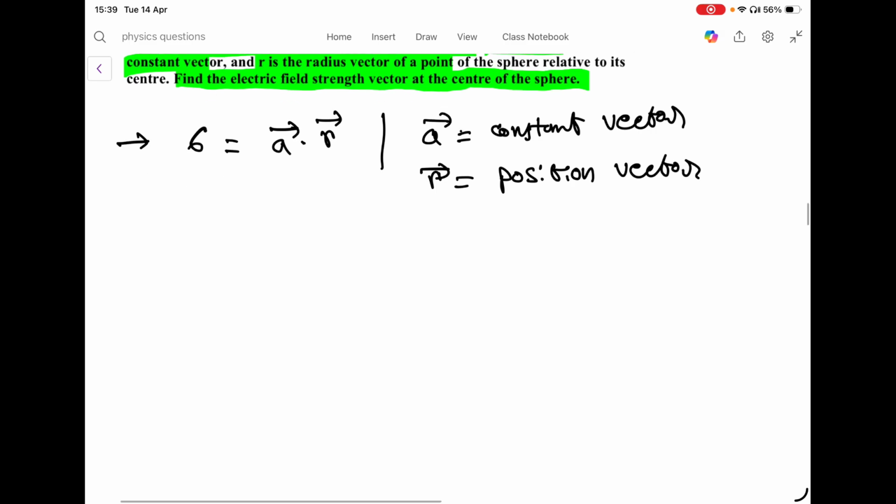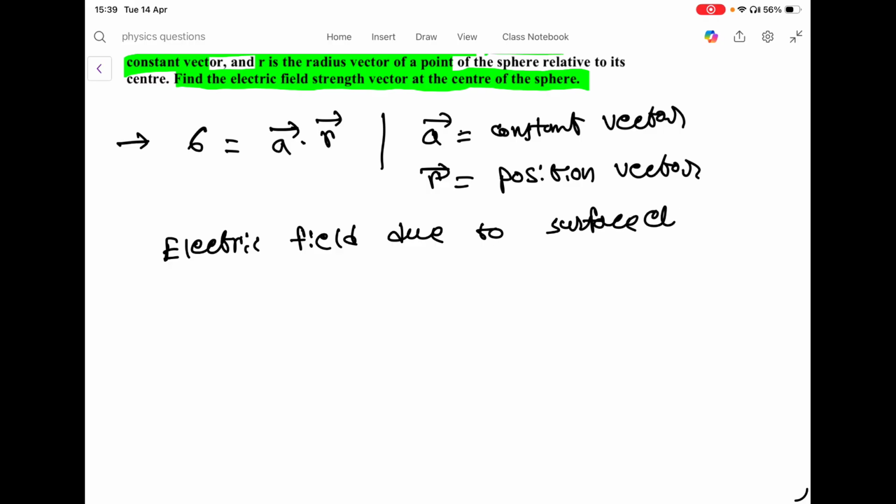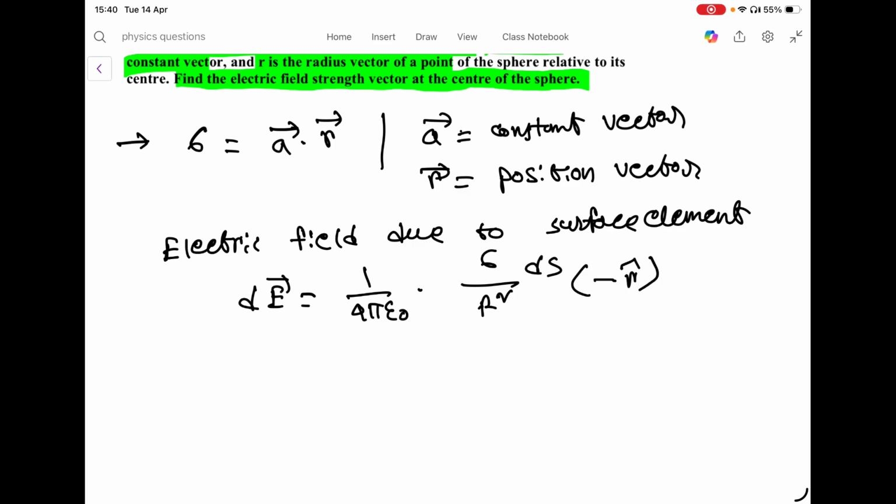Position vector. So now the electric field due to the surface element: dE equal to 1 by 4 pi epsilon naught into sigma r square ds into minus r cap.